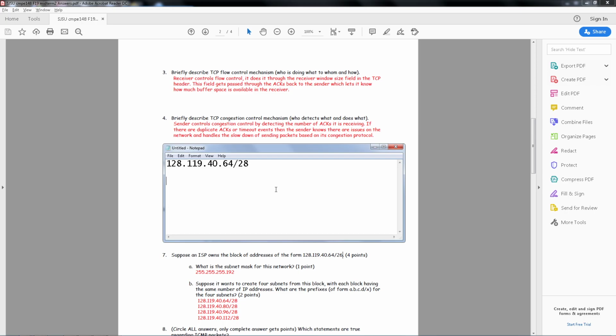And so what does that do for you? Well, the moment you've got that, everything splits up evenly. If you want, you could just do the math behind it as well: 32 minus 28, which will give you 4, right?